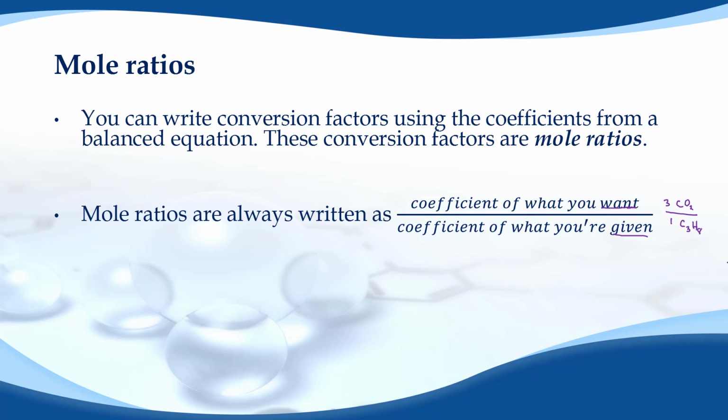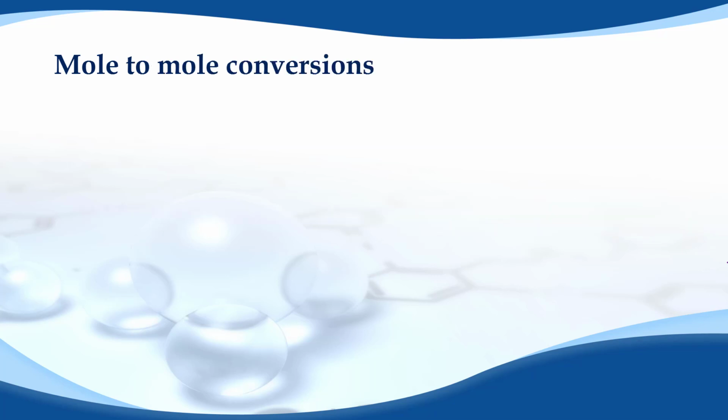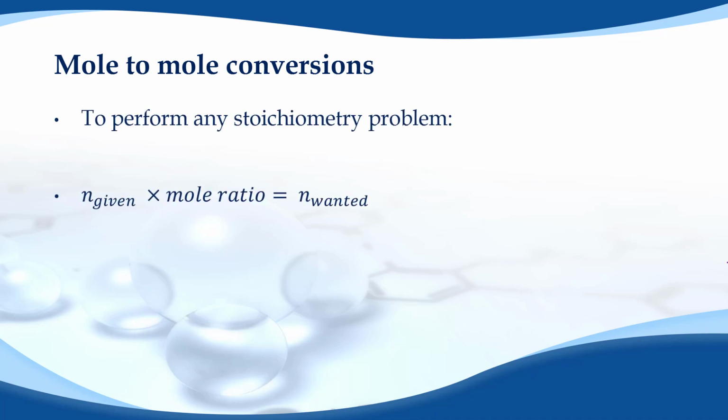And the reason why this mole ratio is important has to do with how the stoichiometry process works. Stoichiometry is a mole-to-mole conversion at its heart. So to do any stoichiometry problem, regardless of what I give you, you start off with the number of moles of what you're given, which you may have to do a mole conversion to get there.